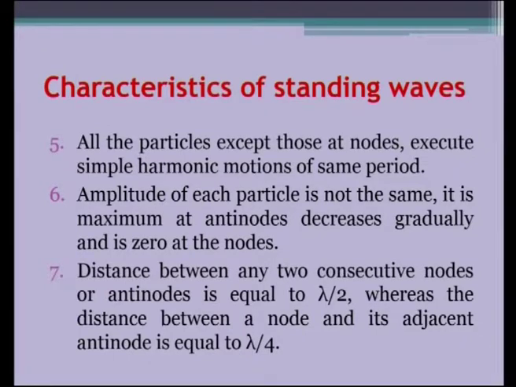The distance between any two consecutive nodes or antinodes is equal to lambda divided by 2, whereas the distance between a node and its adjacent antinode is equal to lambda divided by 4. The last point has been shown in the diagram itself.